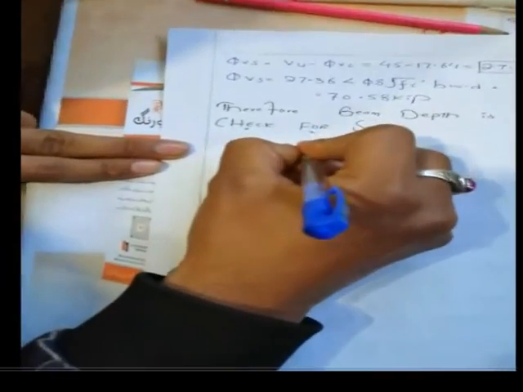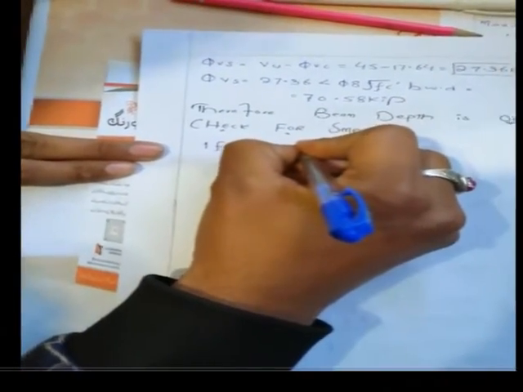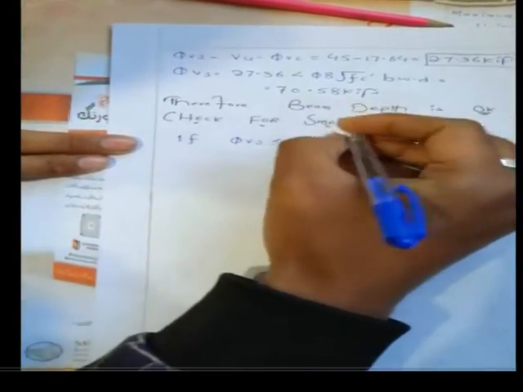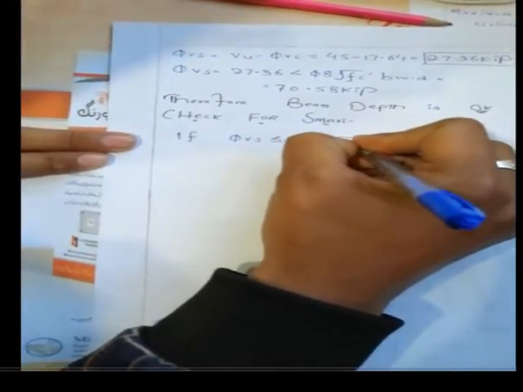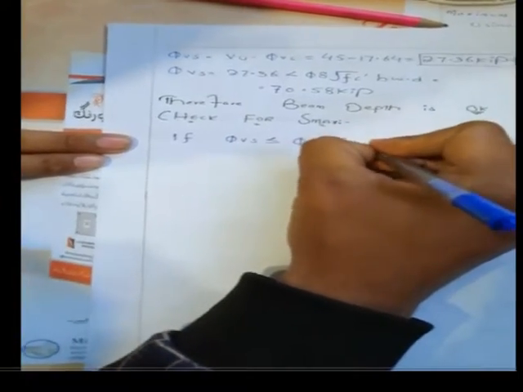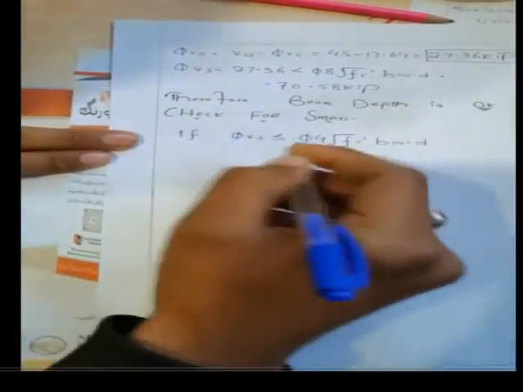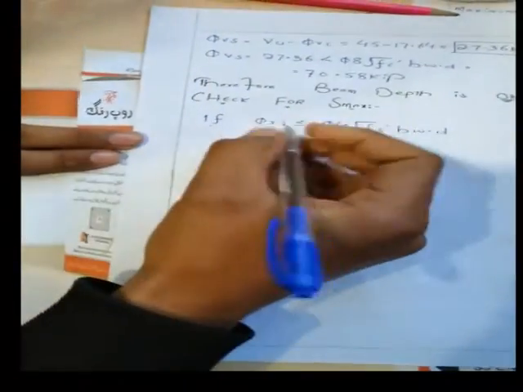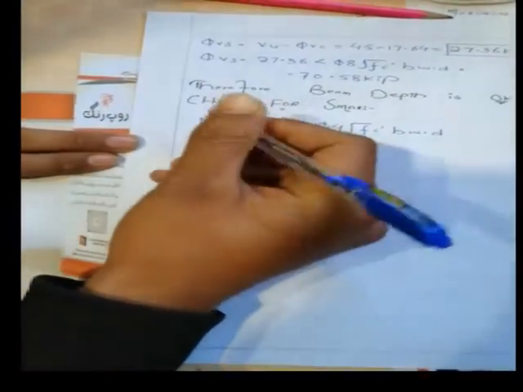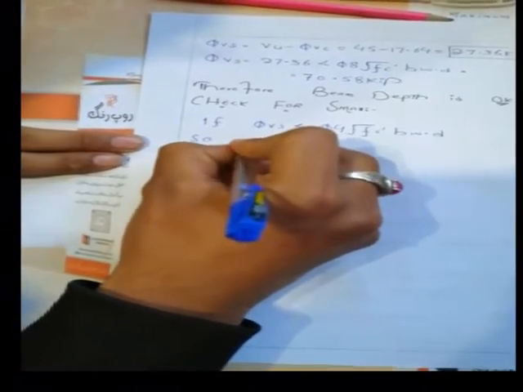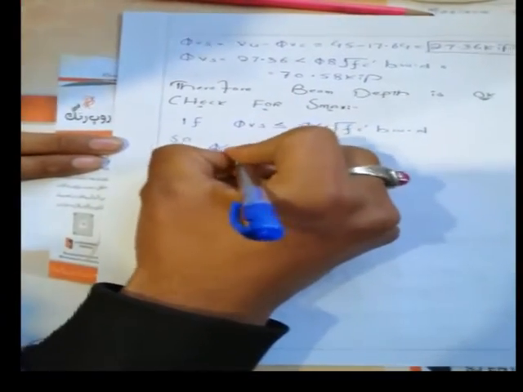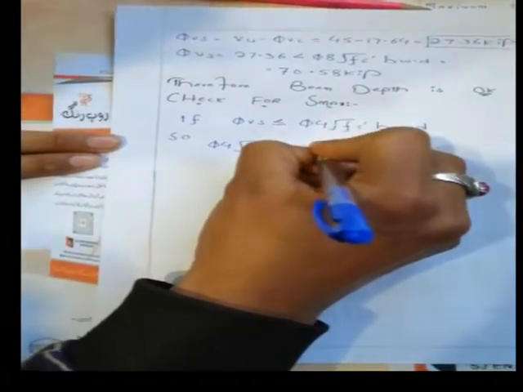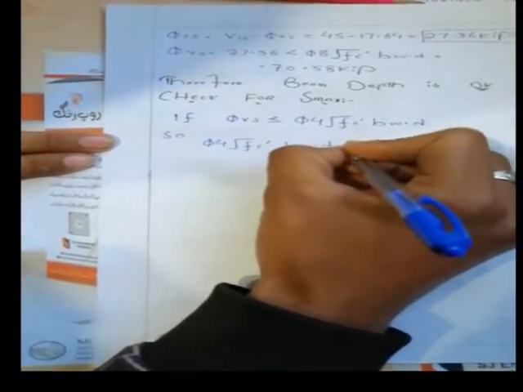The equation for this is, if phi Vs is less than or equal to phi into 4 under the root fc prime bw d. We have already found the value of phi Vs, so no need for this. Just find the value of phi 4 under the root fc prime bw d.